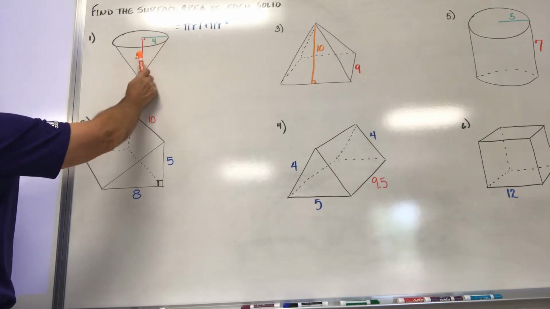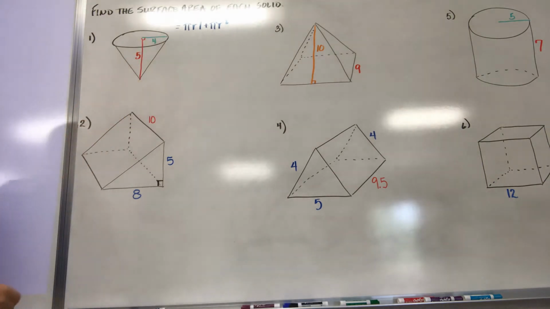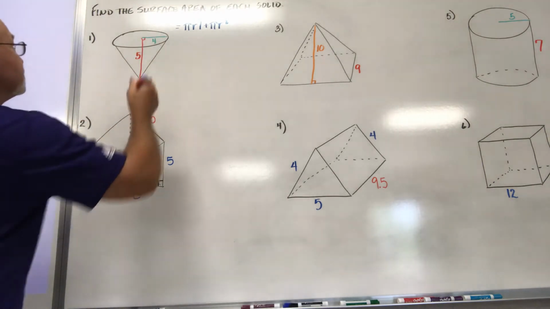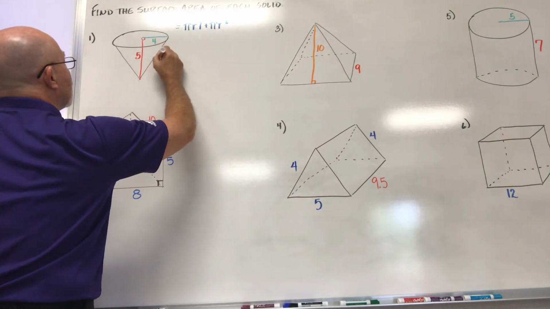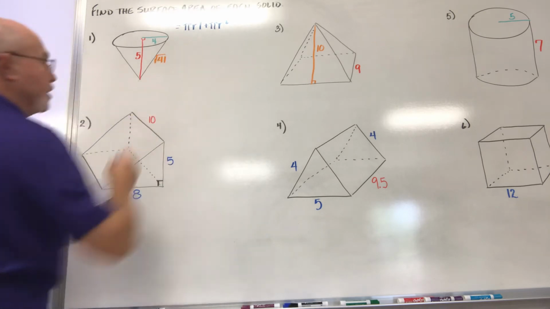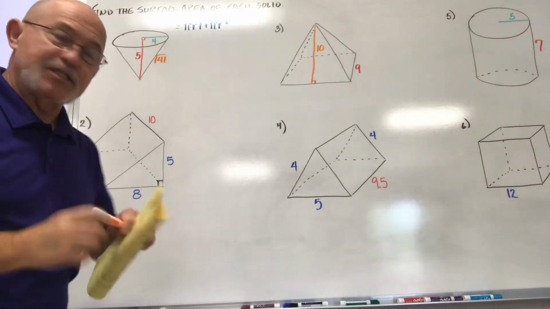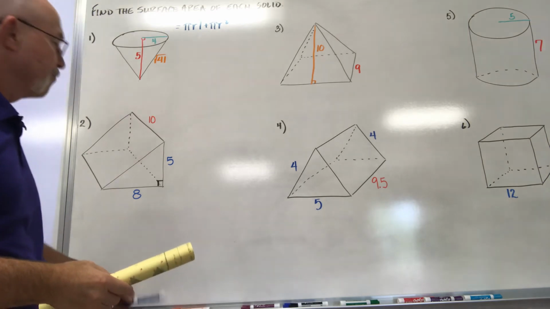4 squared is 16, 5 squared is 25. This works out to be radical 41. That's your slant height.